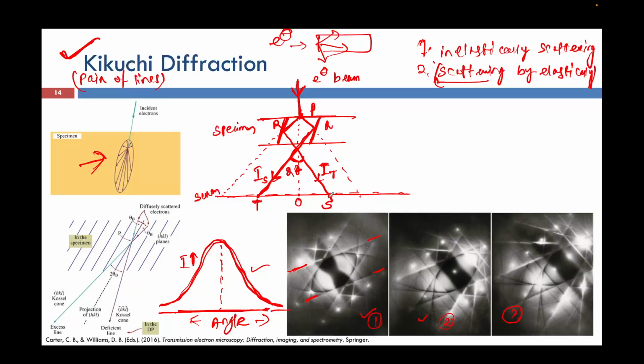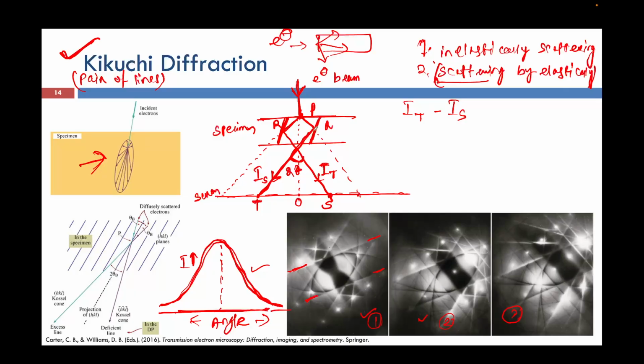So at point S, ideally the intensity should be IS, but now the intensity is increased by IT minus IS.